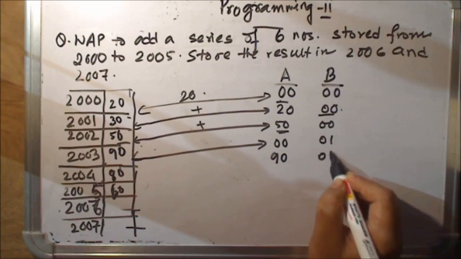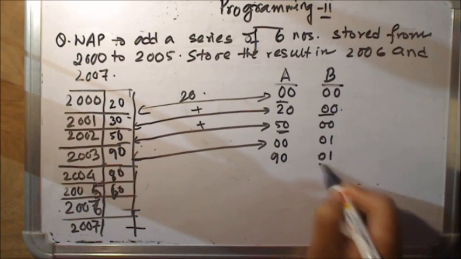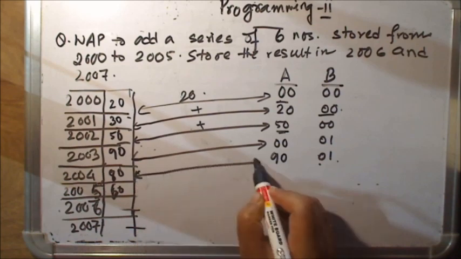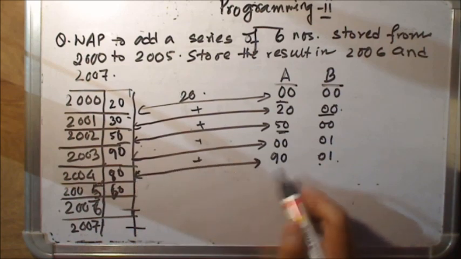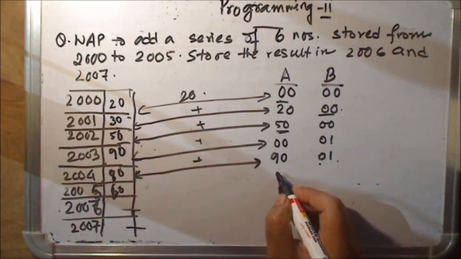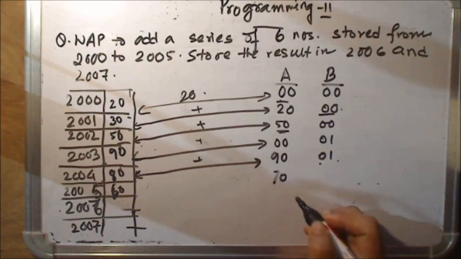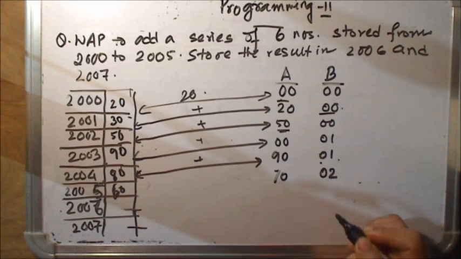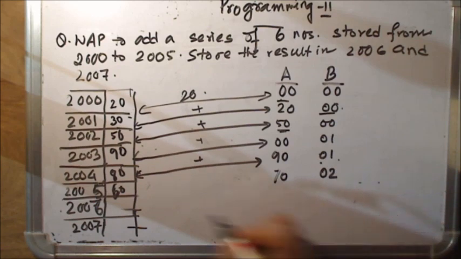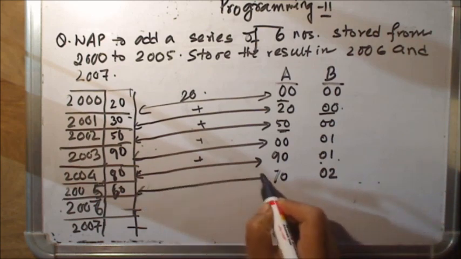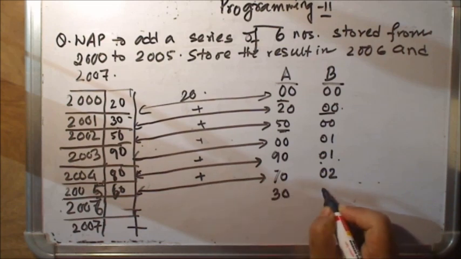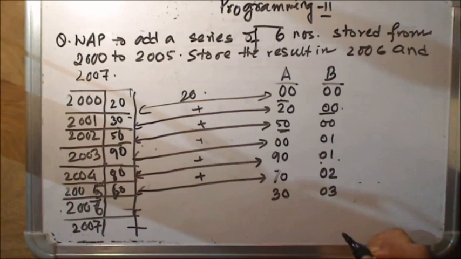No, so the carry register stays as it is. Then 80 plus 90 is 170, so a carry is generated again and the carry register becomes 2. Then 60 plus 70 is 130, so again a carry is generated, and the carry register becomes 03.